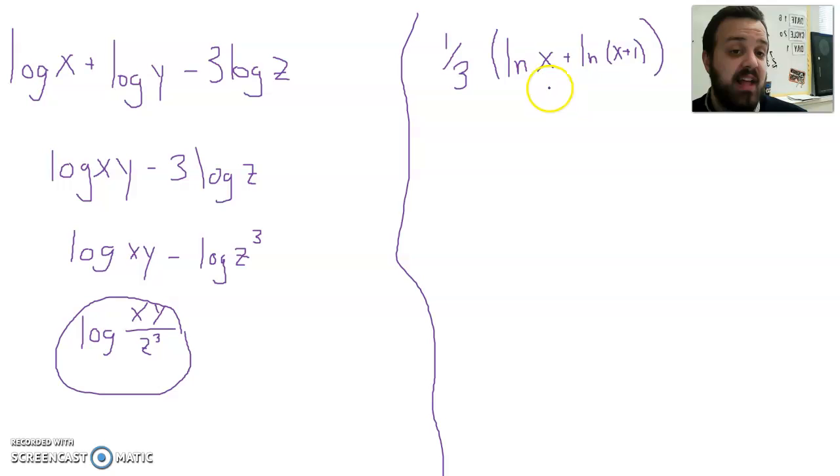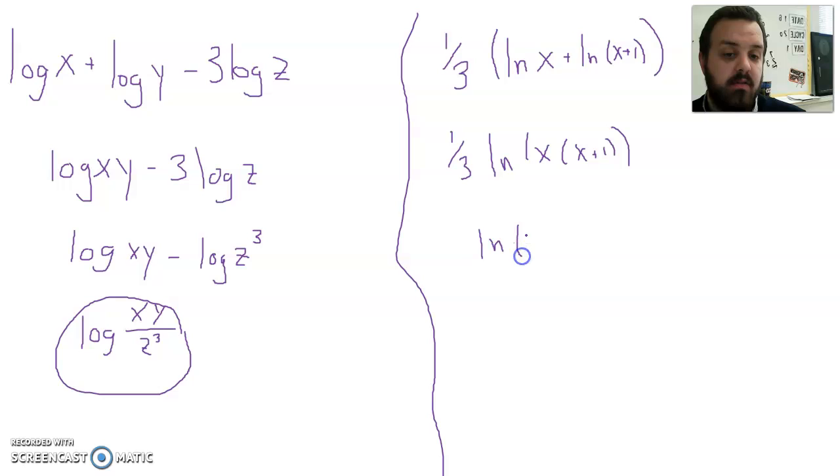So what I want to do instead is condense the inside part here. I'll say, oh, there's multiplication, so I'll rewrite this as the natural log of x times x plus 1. Now I only have one logarithm with this 1/3, so I'll bring the 1/3 up: the natural log of x times x plus 1 to the 1/3.